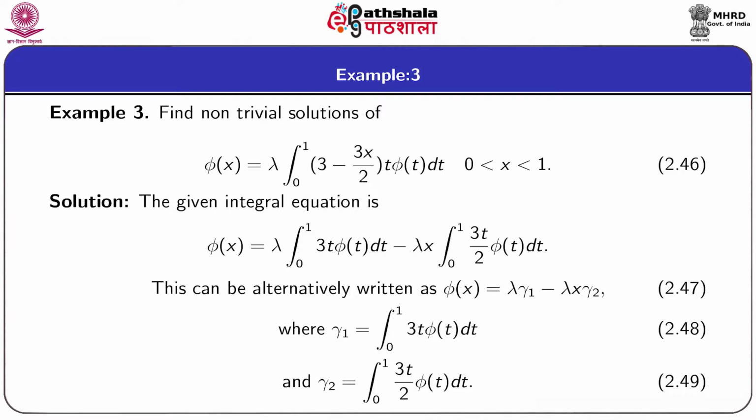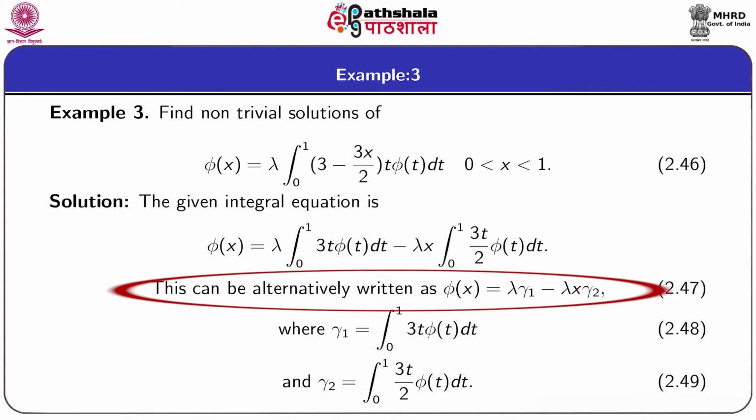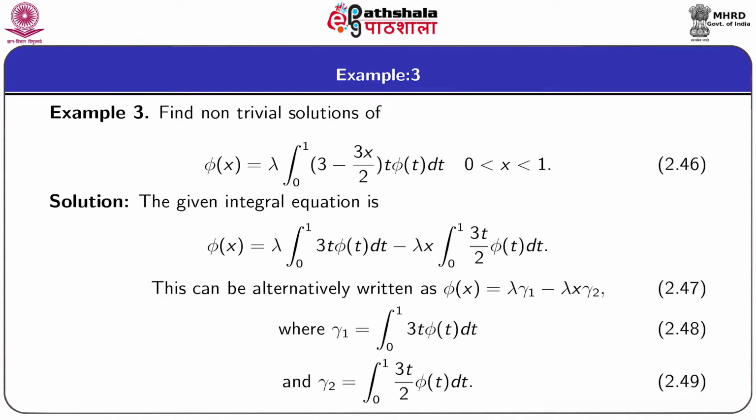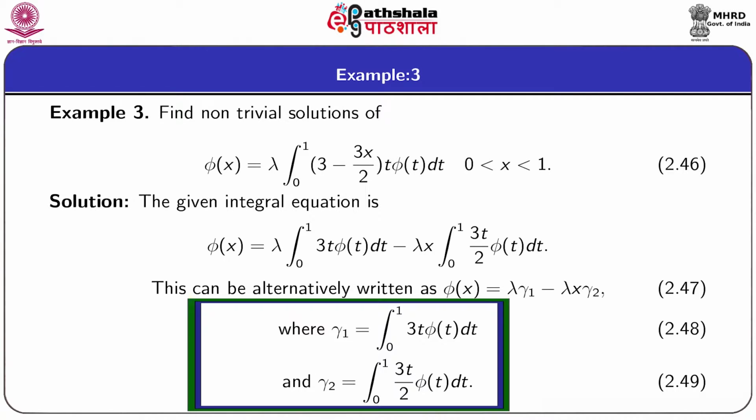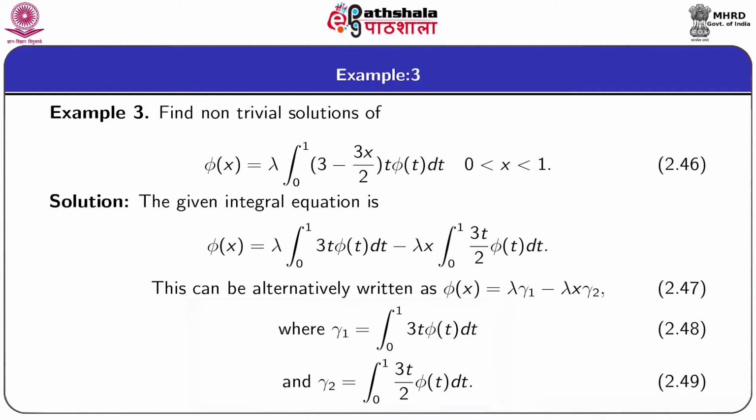Writing this integral as gamma 1 and this integral as constant gamma 2, this expression can be alternately written in the form given by 2.47, where gamma 1 and gamma 2 are the constants given by equations 2.48 and 2.49.